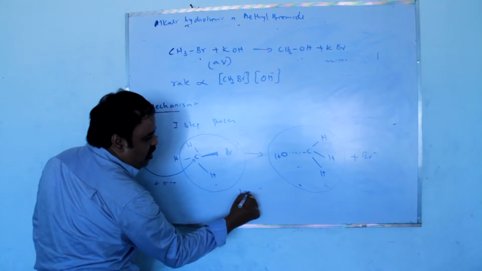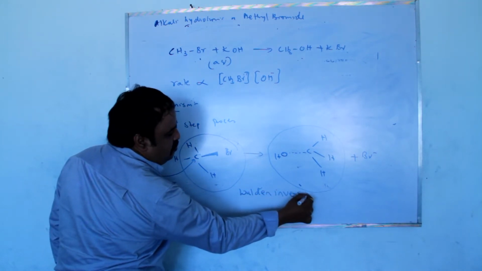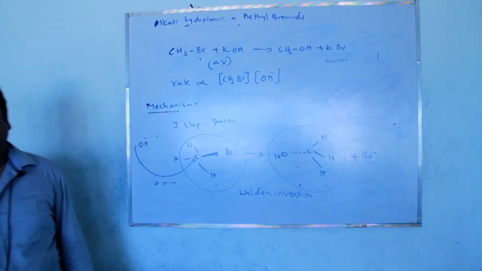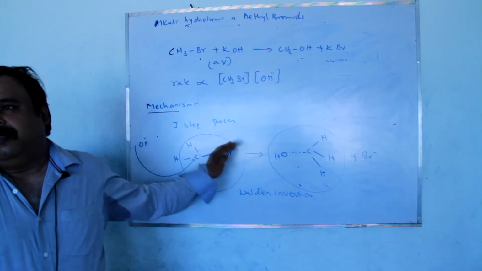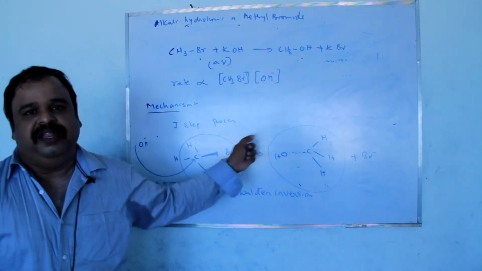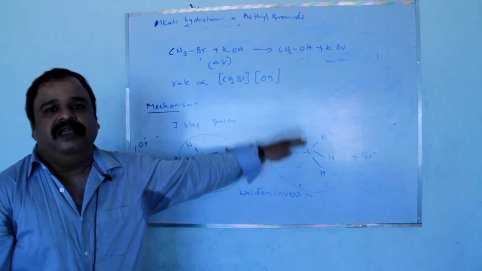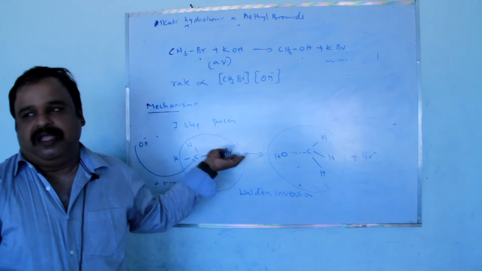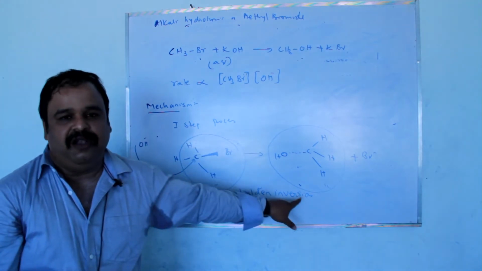Hence this is called Walden inversion. The reactant configuration is reversed as the reaction proceeds, and in the end the product has the reverse of the reactant configuration. Hence this inversion of configuration is called Walden inversion.